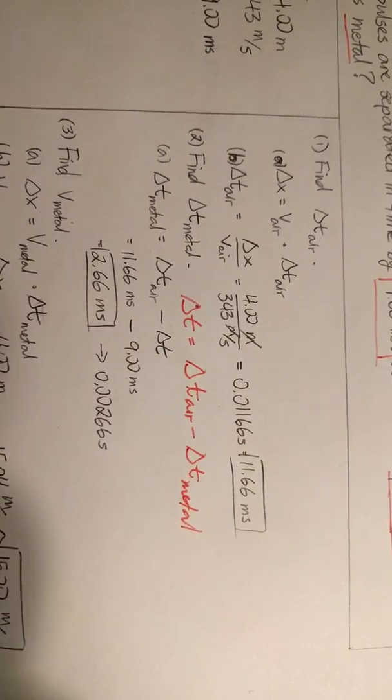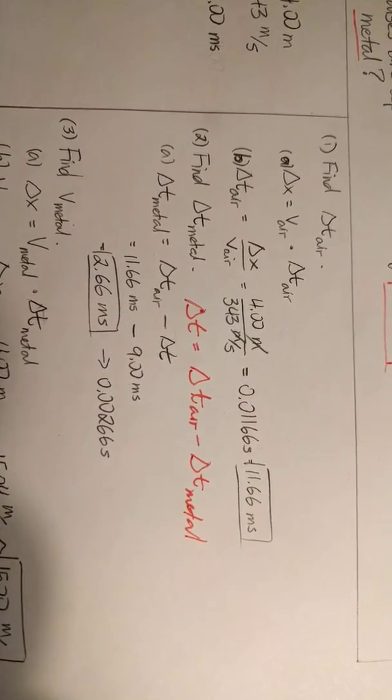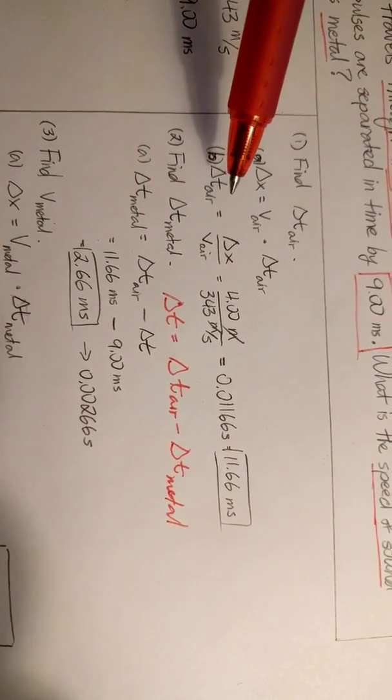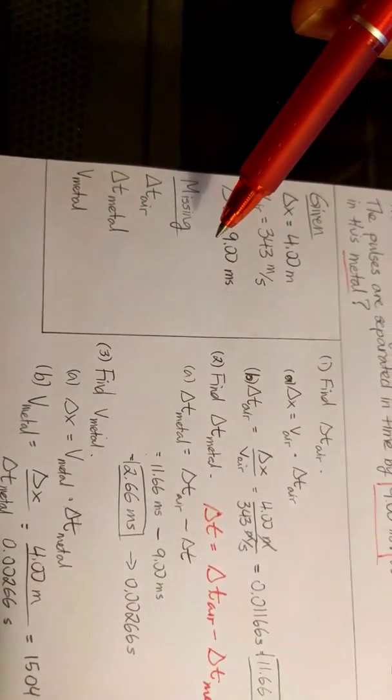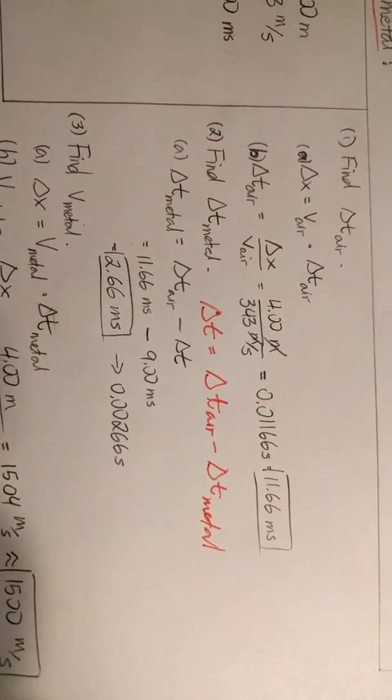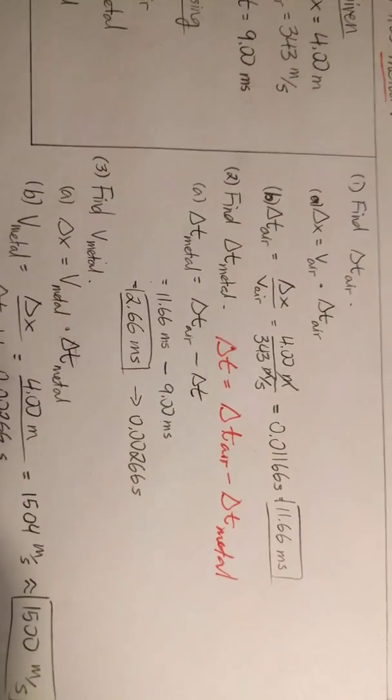Just like that. Plug in all the information that we already know. 11.66 milliseconds from the first step, and what was given initially, 9 milliseconds. And it will give us 2.66 milliseconds.